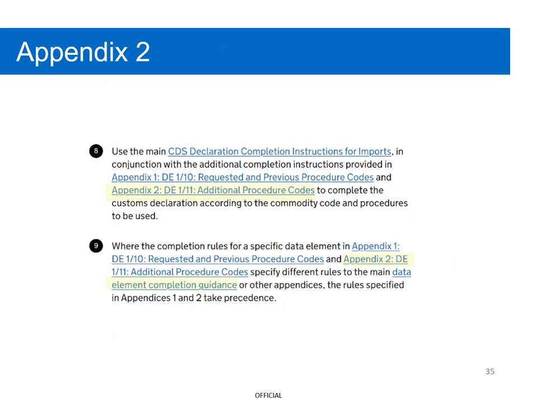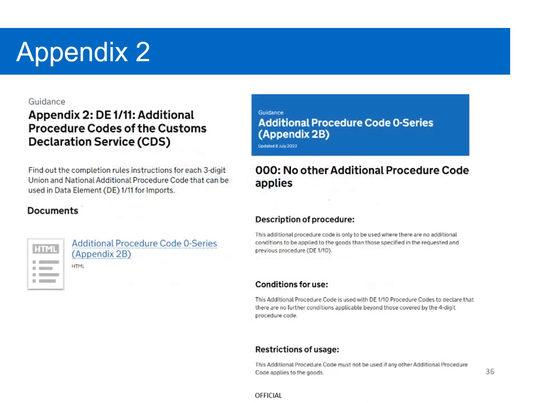In addition to using Appendix 1, Hallie also needs to use Appendix 2 in conjunction with the CDS declaration completion instructions for imports. Hallie returns to Appendix 2 and navigates to Additional Procedure Code 000, which she did in Step 4. Once she has navigated to Additional Procedure 000, Hallie needs to use this in conjunction with the CDS declaration completion instructions for imports that she found earlier in this webinar.